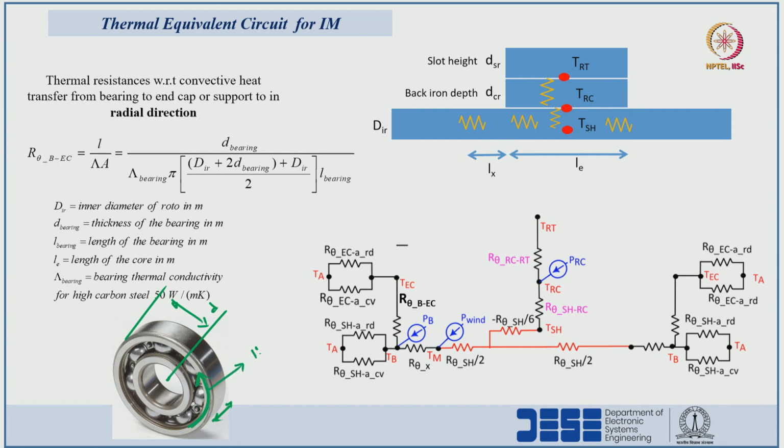This is nothing but pi into D, that is the mean diameter of the bearing, and the length of the bearing will be LB, L bearing and D bearing. So, by considering the thickness of the bearing and the mean diameter of the bearing into the length of the bearing, we can calculate the thermal resistance offered by the bearing towards the end cap.